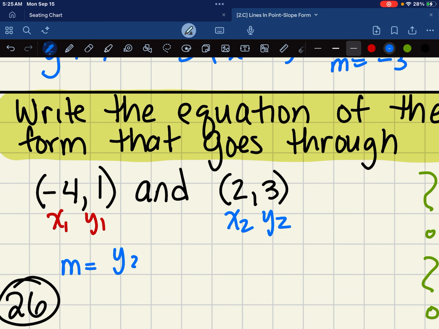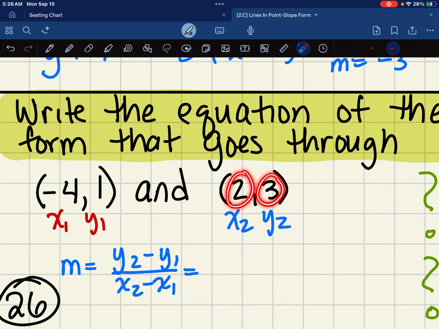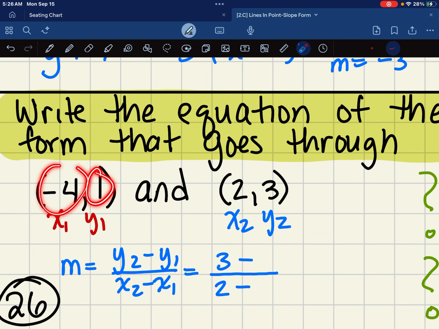So if you don't remember the slope formula, here it is. And remember, when I plug these points in here, I need to stack them on top of themselves, right? So I draw my line with my minuses. All right. The 3 goes on top of the 2. The 1 goes on top of the -4.